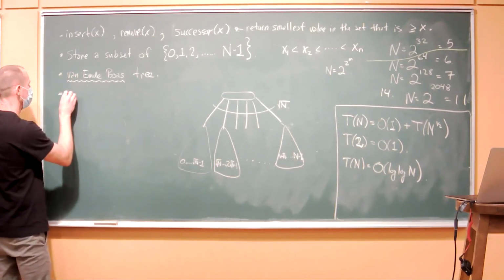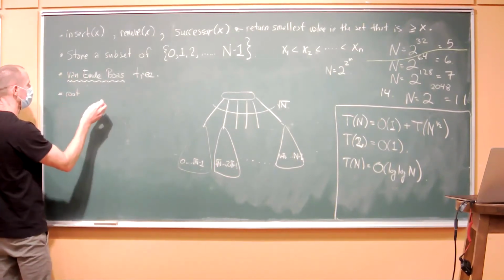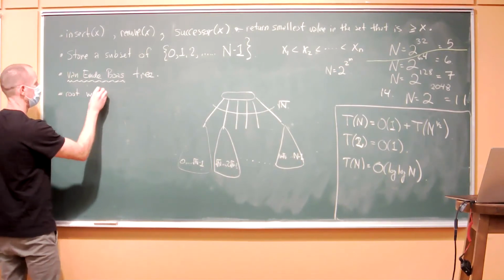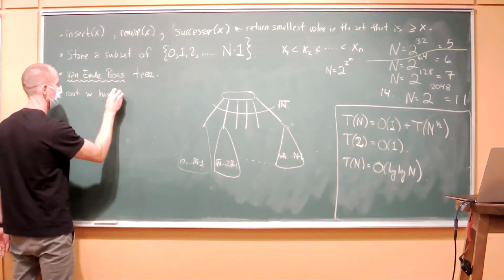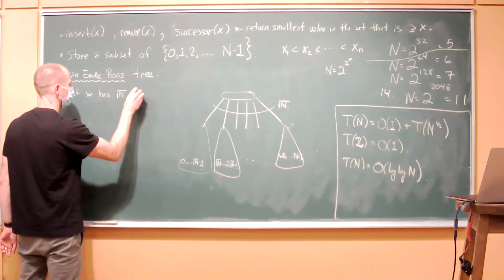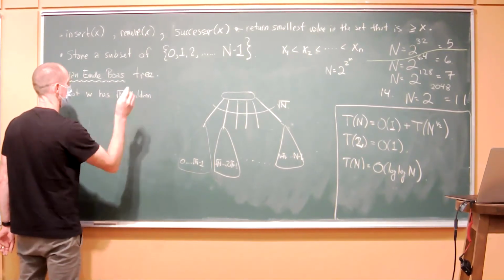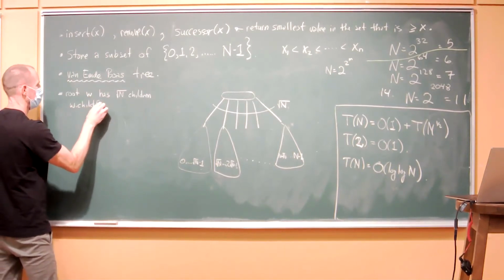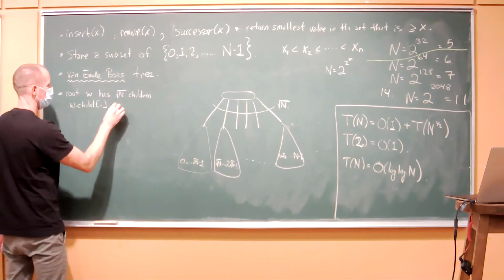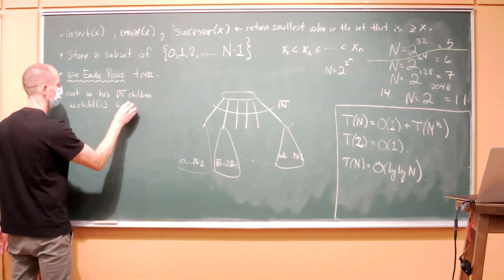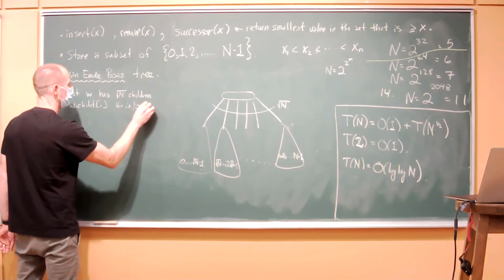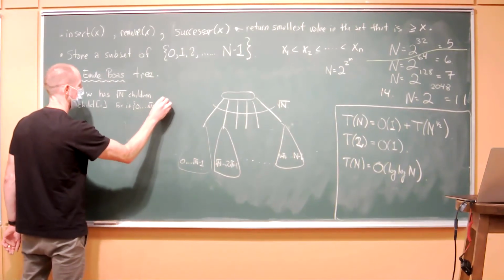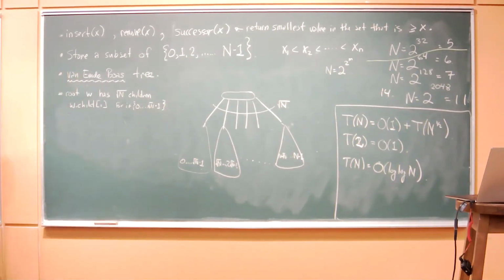So the root, we'll call it w, has square root n children. So we'll call that w.child[i], and that's for i from 0 up to the square root of n minus 1. Okay. So that's one way to describe it.